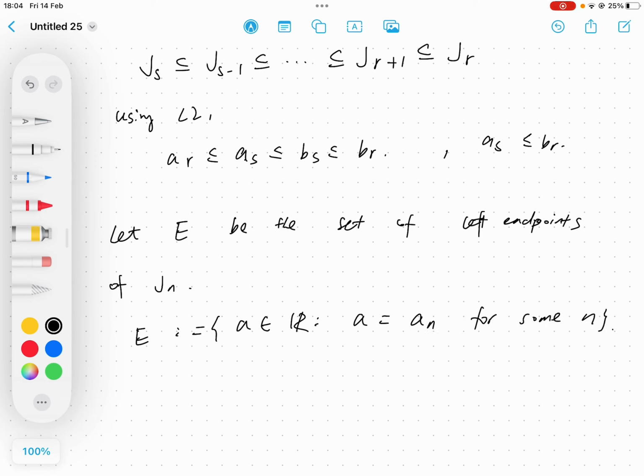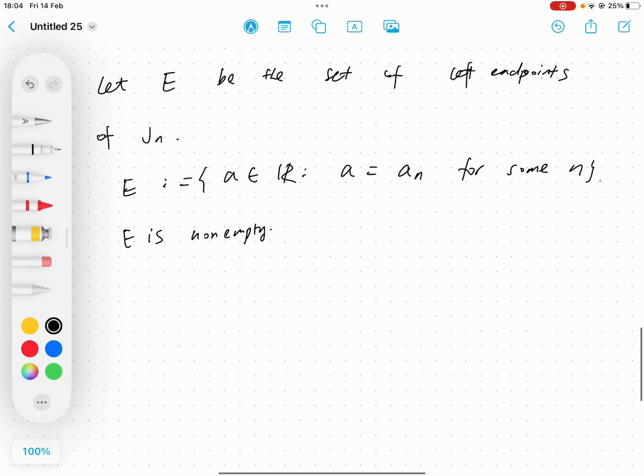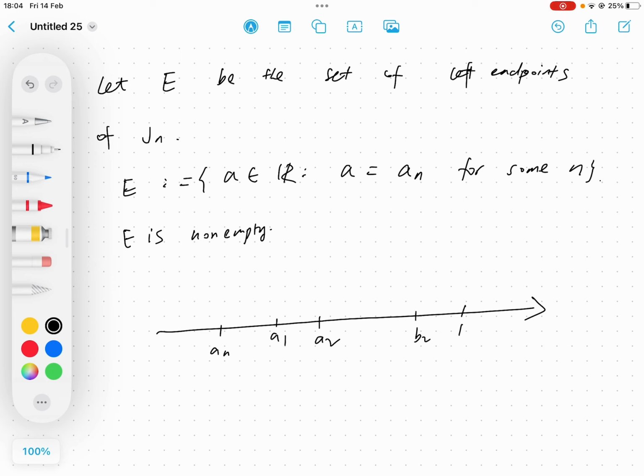That's it. So this E is not empty. So it means we're going to have this An here, right? A1, A2, and B2, B1, Bn.